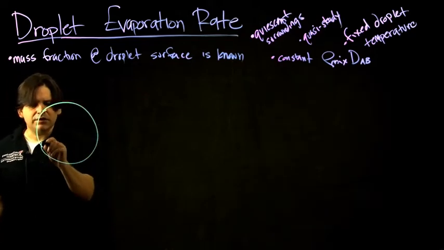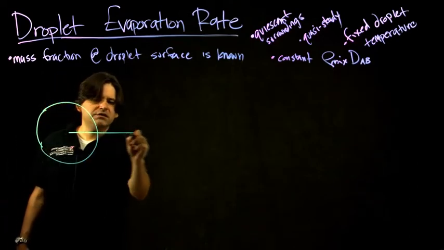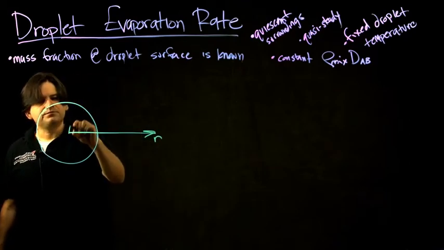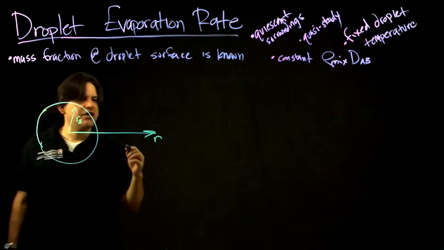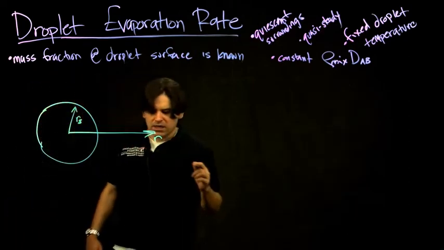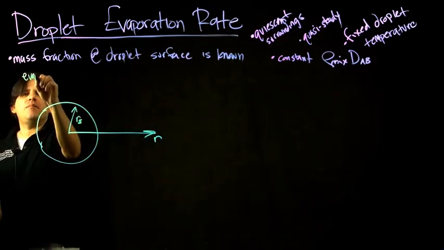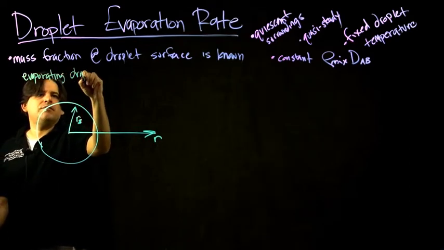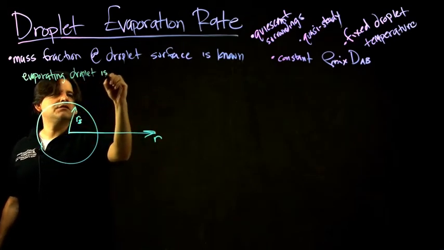So this is a droplet in radial coordinates. So this would be the r coordinate. And this particular droplet has the radius of the surface as it is vaporizing. And so what we're looking at here is an evaporating droplet in spherical coordinates.